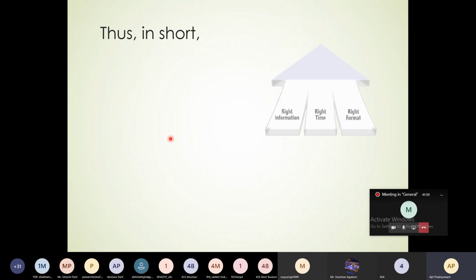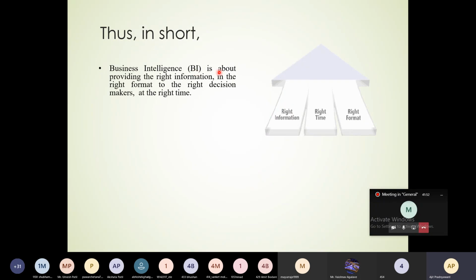So in short, business intelligence is about providing the right information in the right format to the right decision makers at the right time. BI is an enterprise-wide platform that supports reporting, analysis, and decision making.